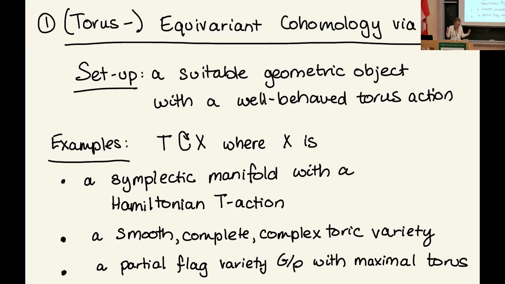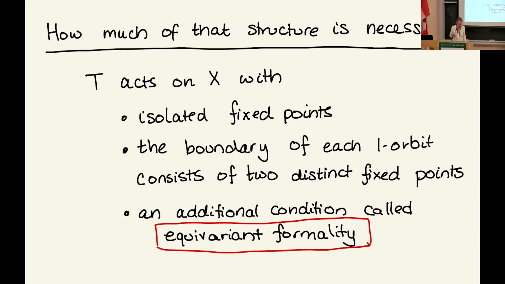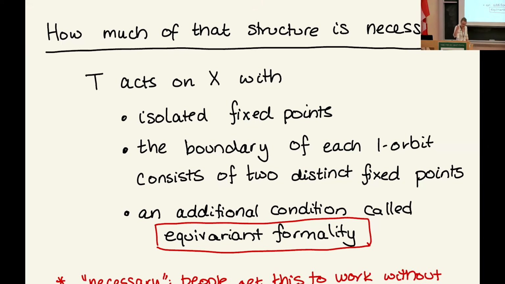There's other kinds of things we could say, but this part is a vibes thing, right? So the torus is acting on X, and as we were hearing before, the pieces that I think are important here are isolated fixed points. The boundary of each one orbit consists of two distinct fixed points, and this additional condition called equivariant formality, which I will get back to.